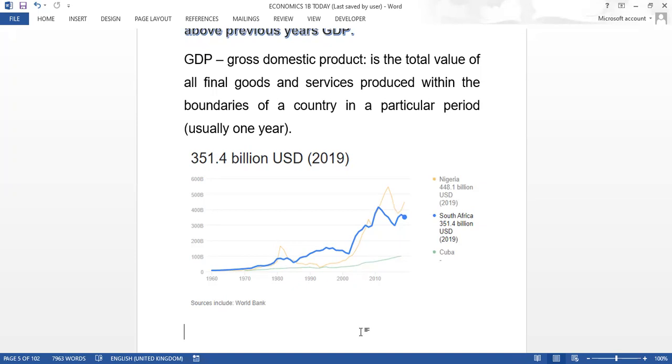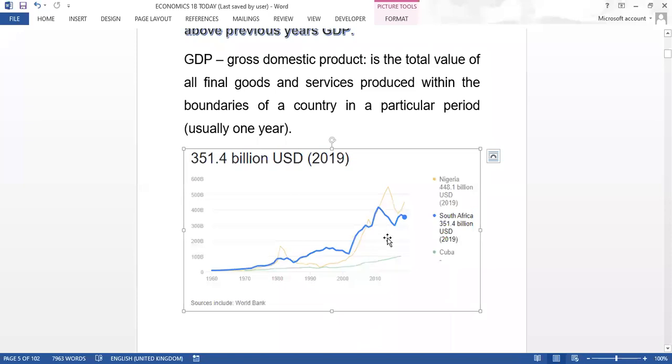So for this particular level of economics, we are not really interested in your interpretation of why the graphs are going up, why they are going down. For now, what you are required to understand is how to calculate the gross domestic product, and for you to calculate eventually what you are referring to as economic growth. So this is just a highlight of the economy.